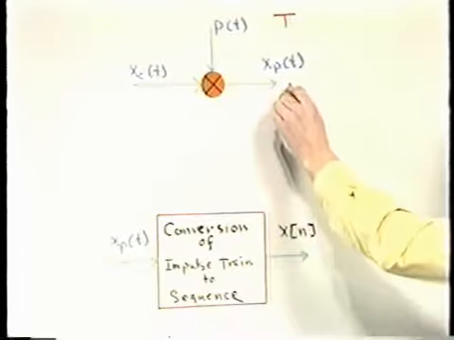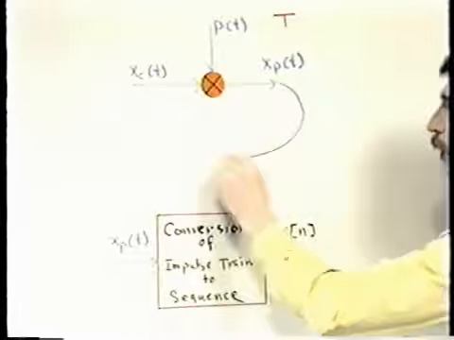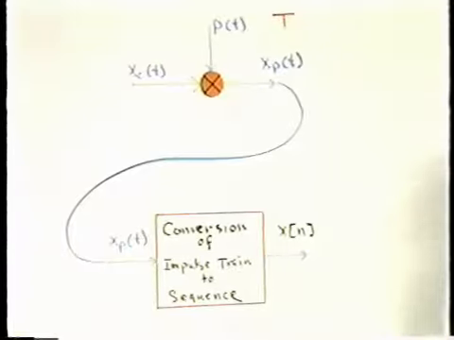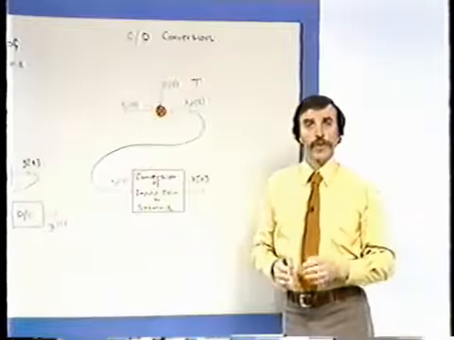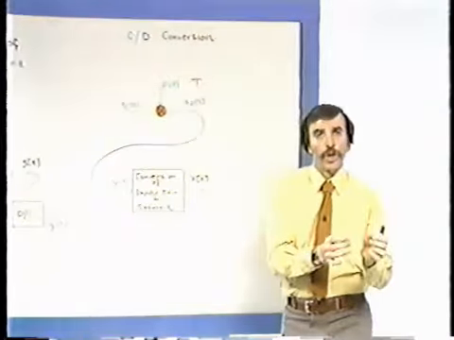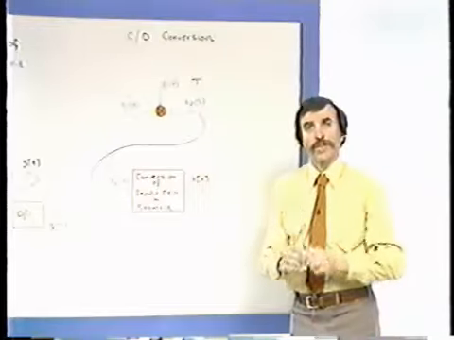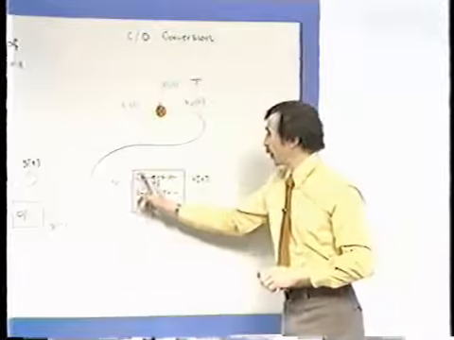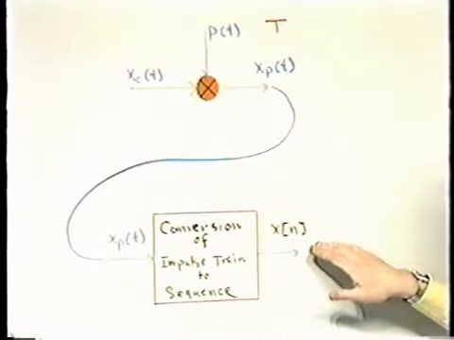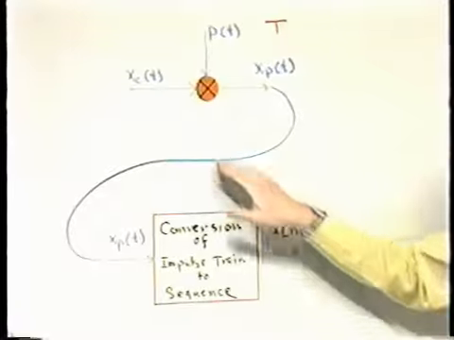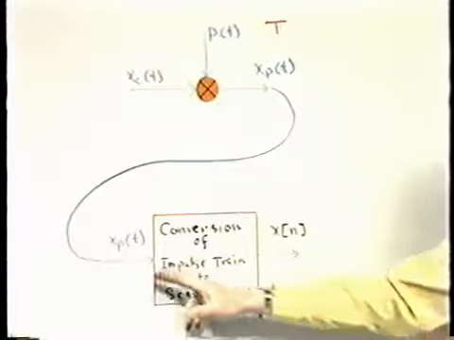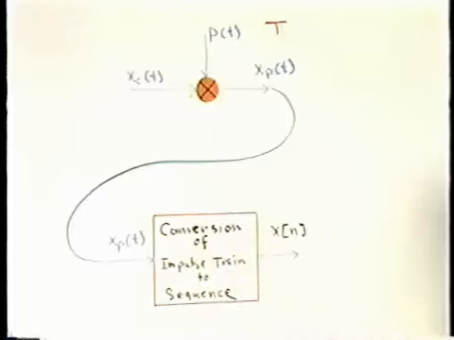That impulse train is then put through an operation which essentially relabels the samples so that the sample values, the impulse areas, are relabeled as sequence values, and the result of that conversion is then the sequence x of n. So the overall process then is a sampling process followed by what is simply, in this box, a relabeling process.